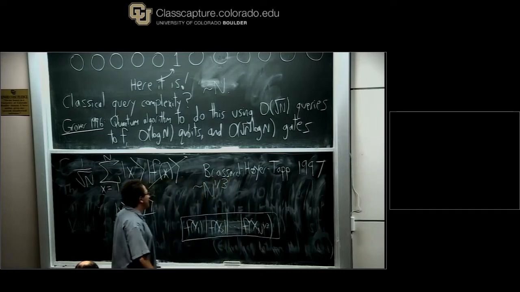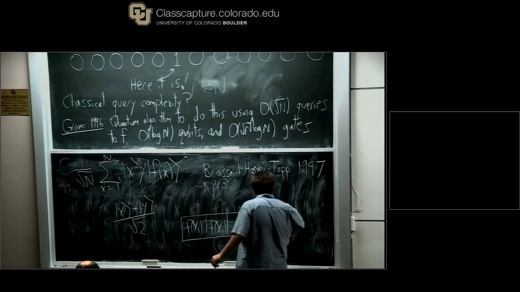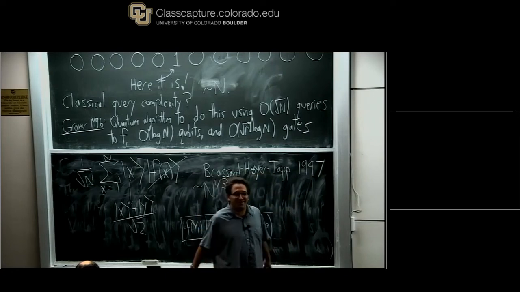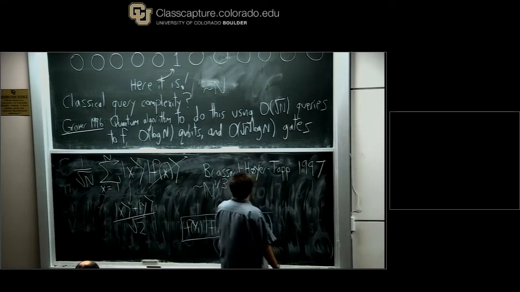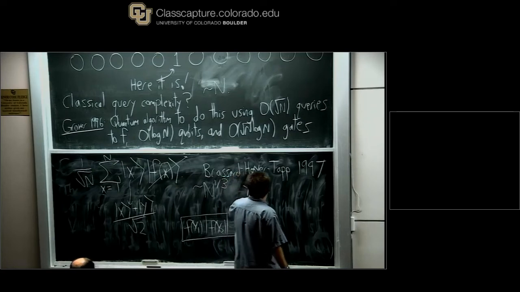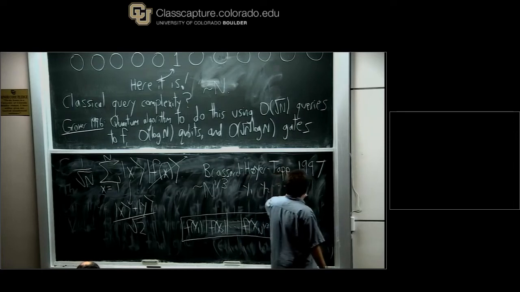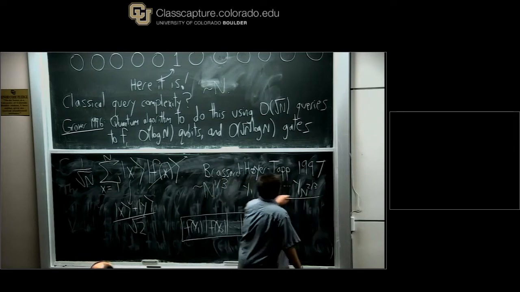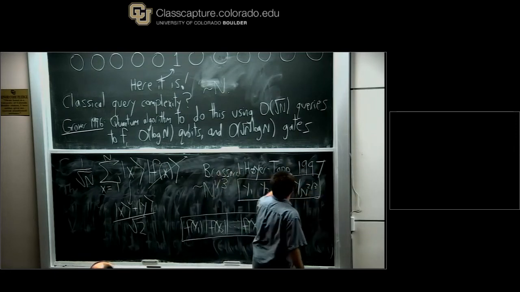Now in the second phase, I'm going to pick n to the 2/3 other inputs. Let's call them y1, y2, up to y n to the 2/3. And now I'm going to do a Grover search over these things. But what will my Grover search do?